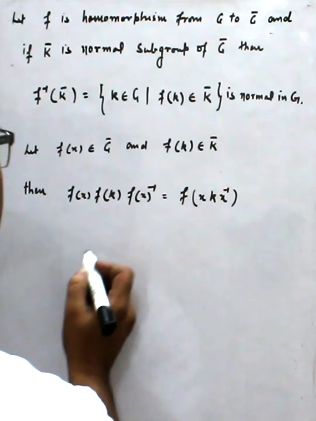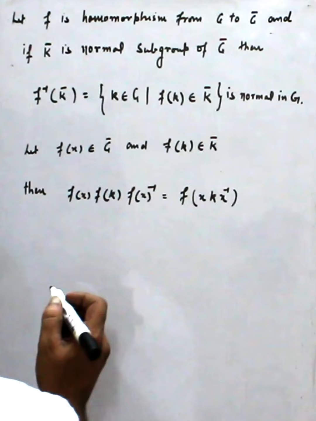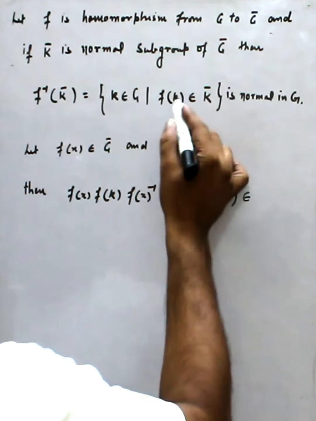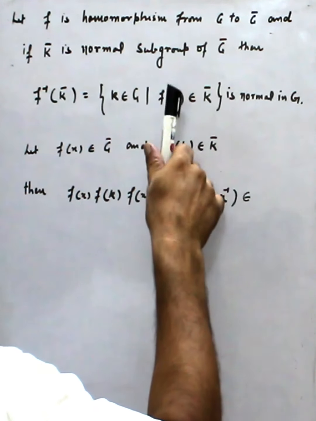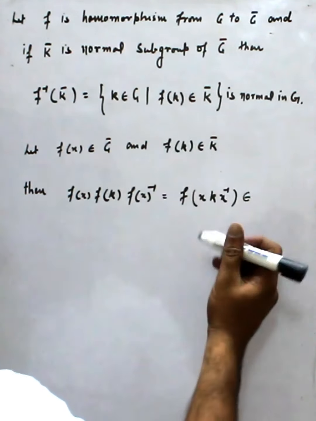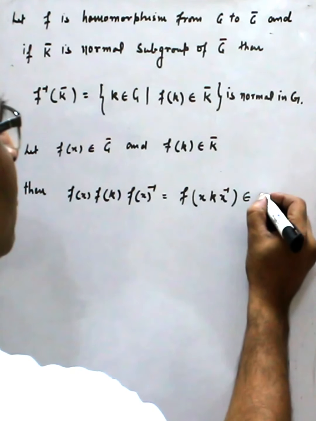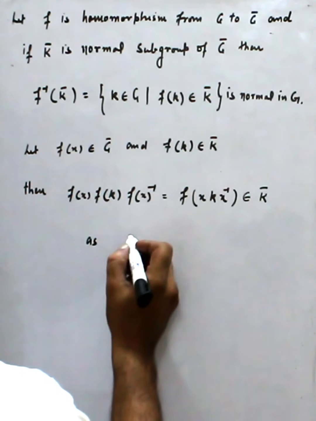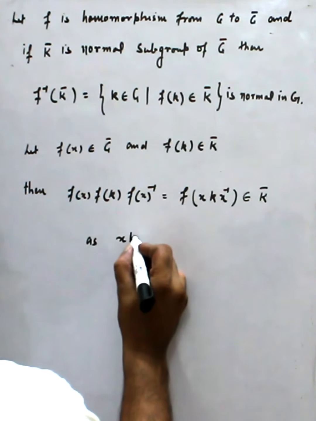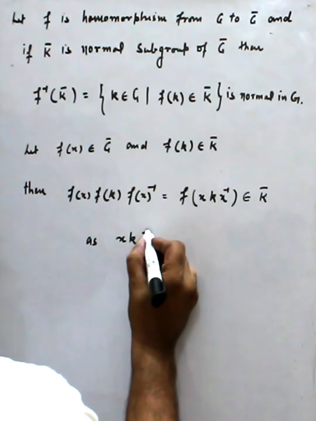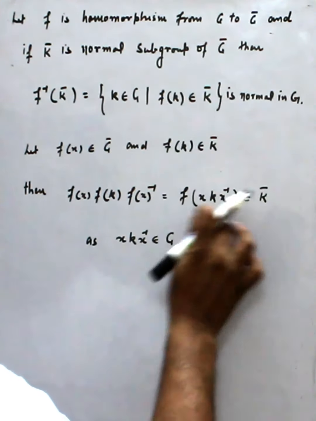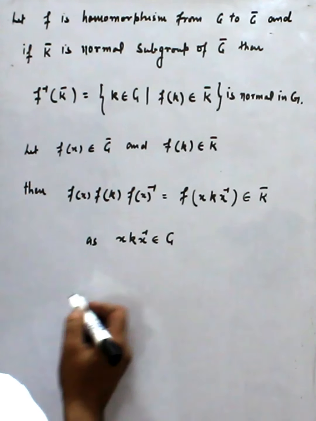That means this belongs to K bar, because f of some element of G belongs to K bar, as x k x inverse belongs to G, right?